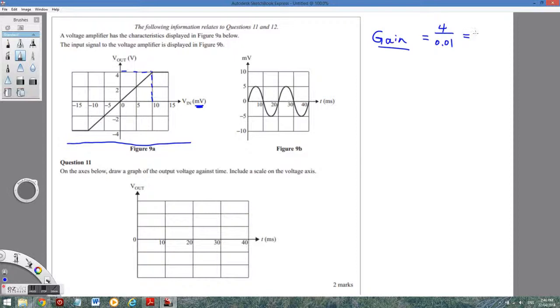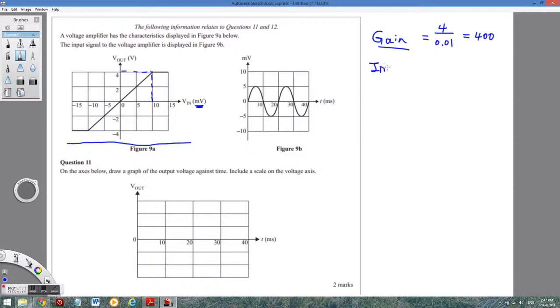If you do that, it's going to be 400. It is a very powerful amplifier. This time it amplifies the voltage by a factor of 400.